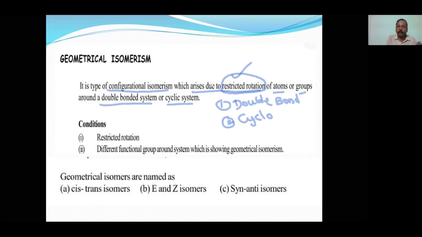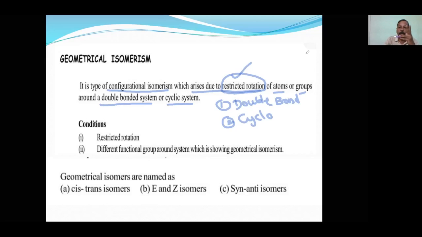So what is restricted rotation? I am going to show you here. Suppose this is one bond, this is another bond, and between the two, this is one carbon and this is another carbon. These two carbons are double bonded. When it is rotated, one of the bonds will break. Suppose only one bond is there, with one carbon and another carbon connected through a single bond, then there is no problem of rotation.